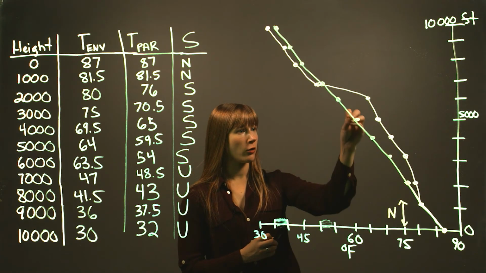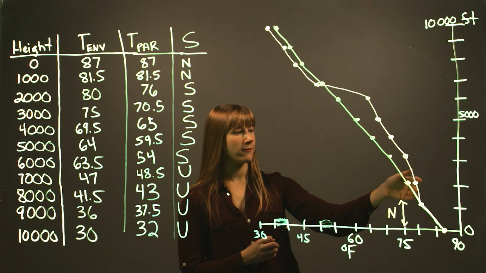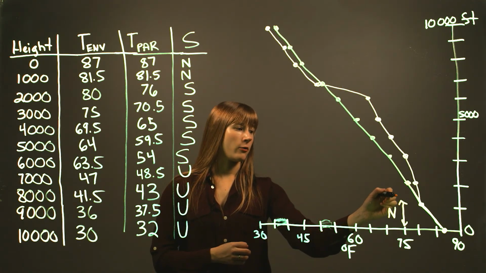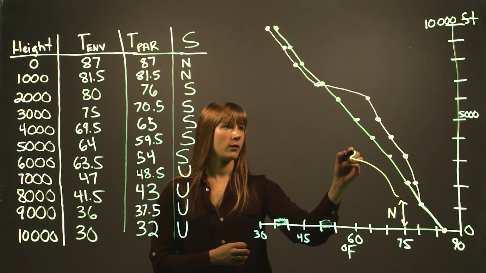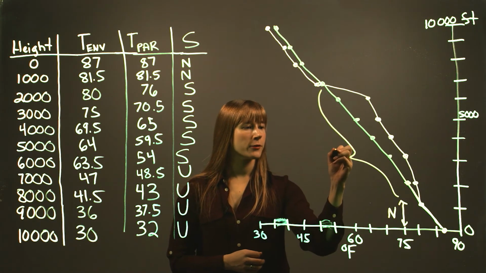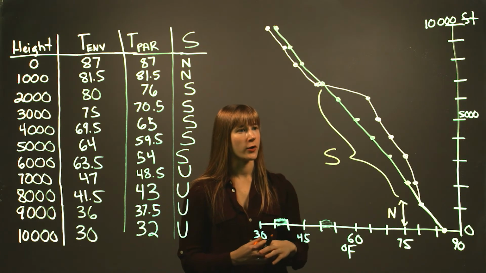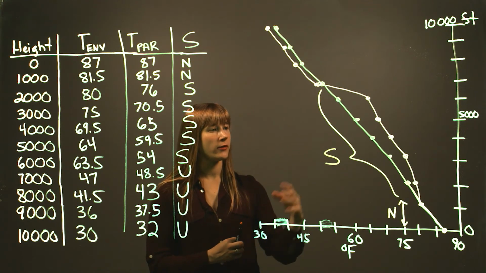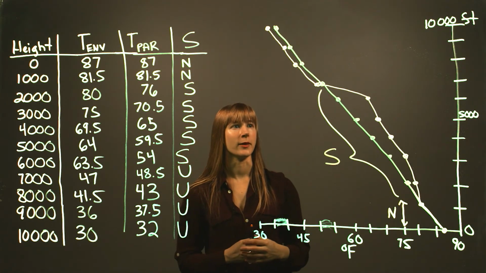So its profile actually falls to the left of the environmental temperature profile. So I will put a brace in that area. All through that area, we could put that the atmosphere is stable. So the rising air parcel is colder than its environment.